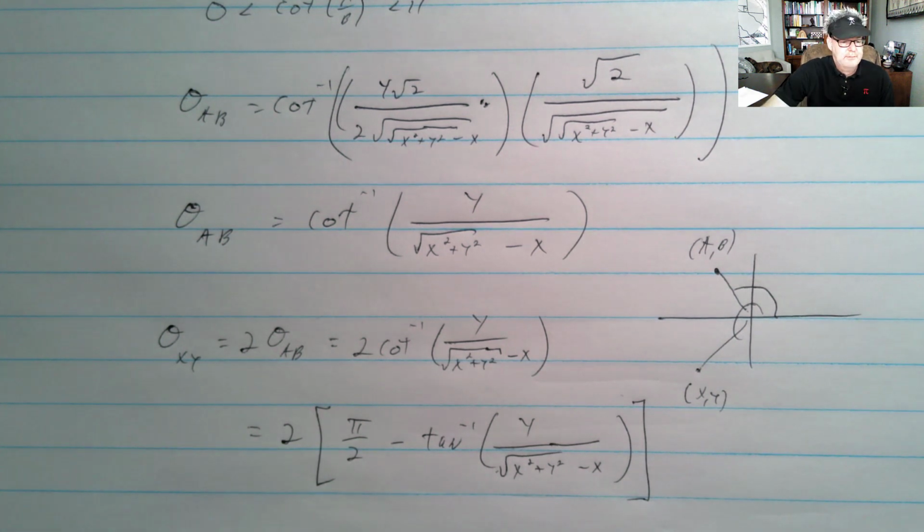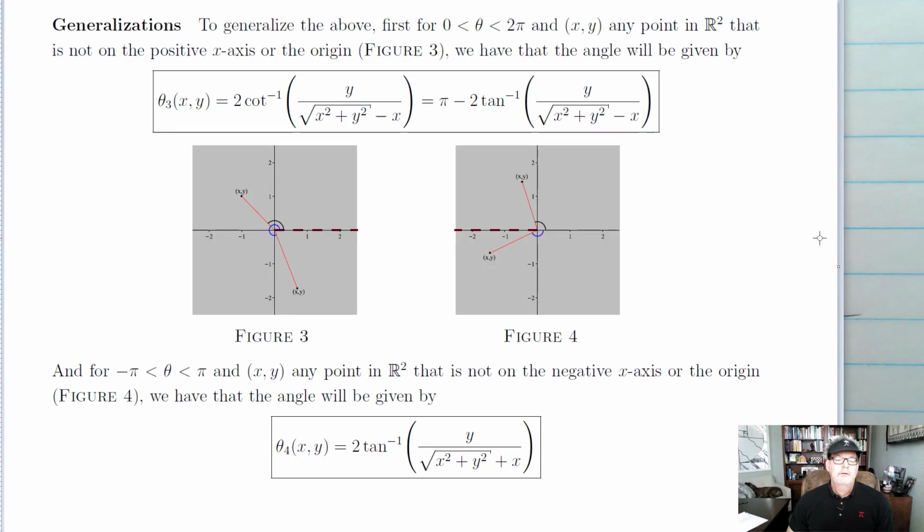So here's our results in typed form. If you want an angle from 0 to 2 pi, which most of the time we do, you can use either of these two top formulas, and then it works for any point not on the positive x-axis. So here's some sample x, y's. For any point, this will give you the decimal value.